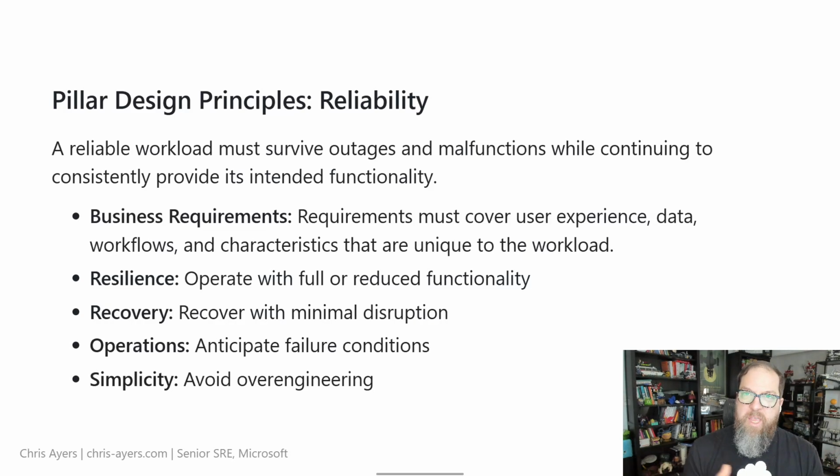So understanding that range of I need to get it back up as soon as possible, it might be within the week versus, hey, we need to fail over to the secondary system within seconds. That is a dramatic shift in architecture, but understanding those core requirements are important.